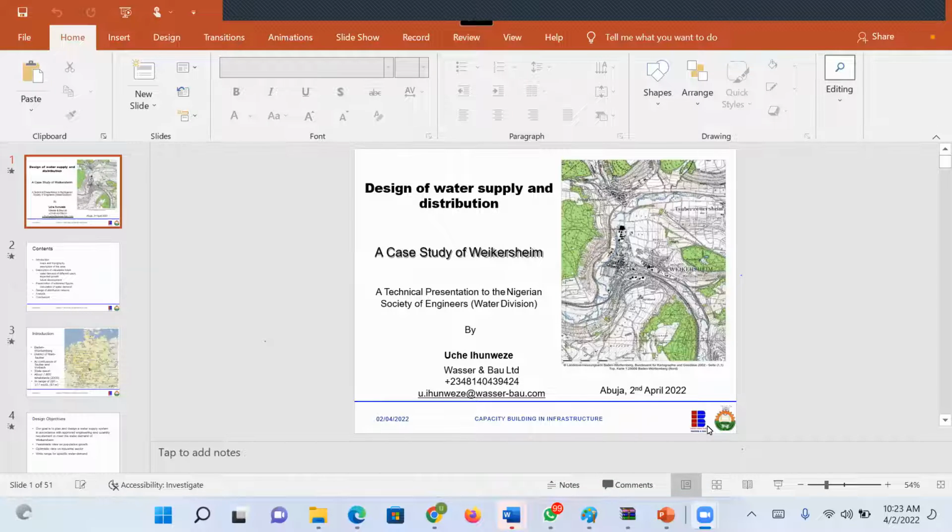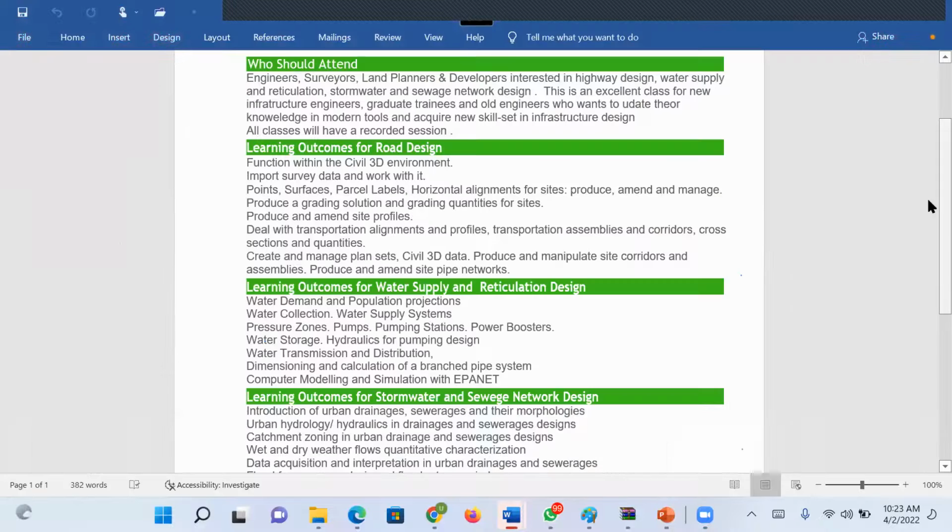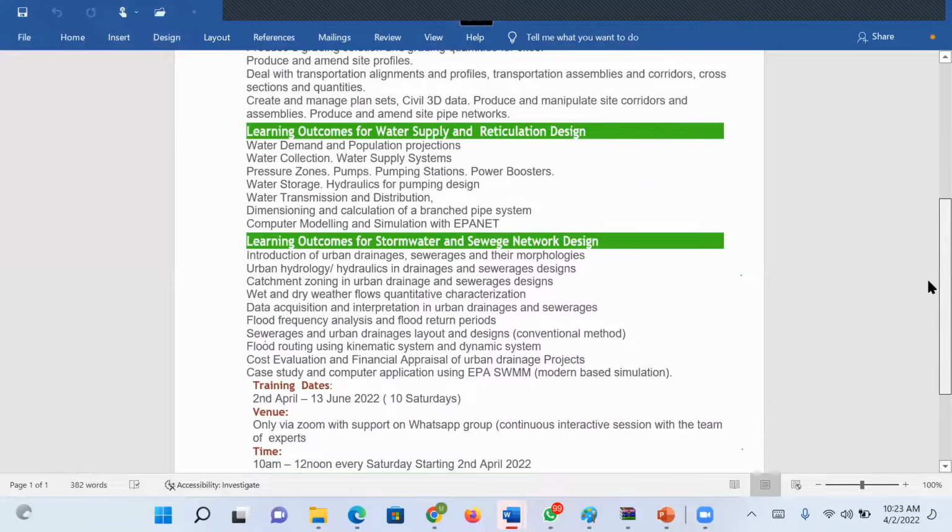I just have to seek the permission of the owner of the project so that I can use it as a case study. So next week, I'll bring another, local case study. But for now, this is a case study that will give us an overview of what water design is all about.